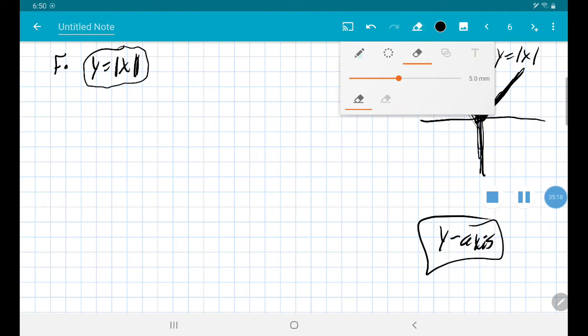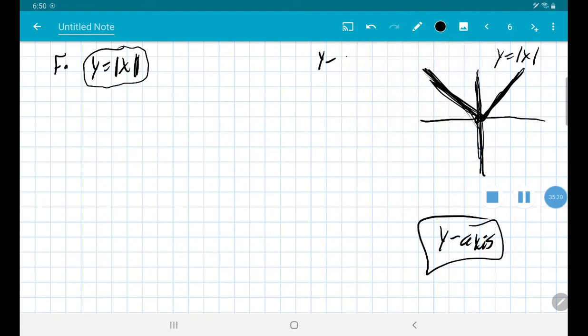So we'll test y-axis, which means I'm going to replace x with negative x. You say, aha, they're not the same. See, look, they're different. No, think about what absolute value is. Absolute value measures your distance from 0.